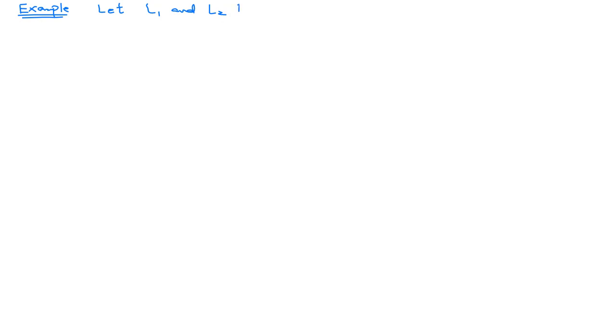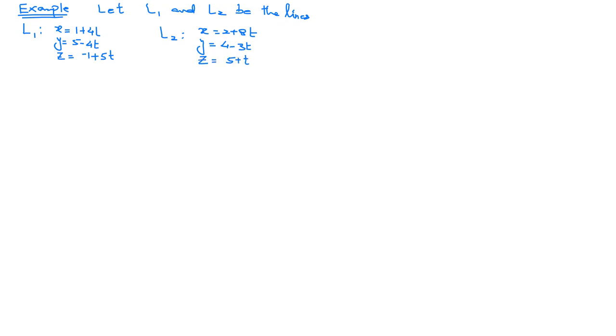We have two lines, and for each line there is one parametric equation. For line 1, we have the parametric equations x is equal to 1 plus 4t, y is equal to 5 minus 4t, and z is equal to minus 1 plus 5t. Similarly, for line 2, x is equal to 2 plus 8t, y is equal to 4 minus 3t, and z is equal to 5 plus t.